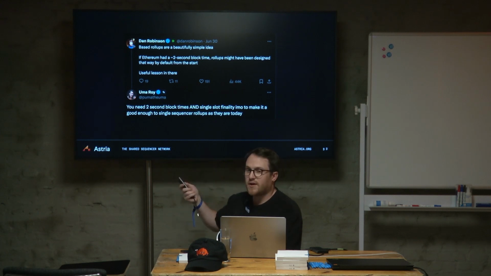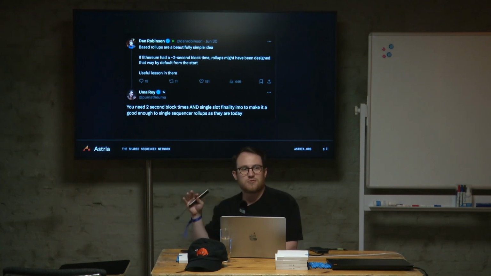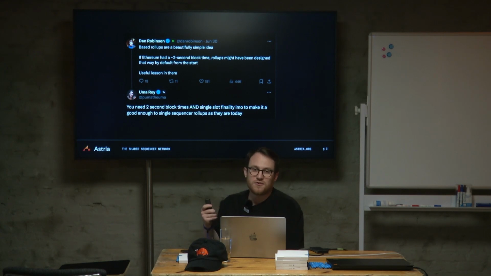When you have single slot finality, it means that I, as the rollup producer, no longer need to figure out how to deal with fork choice rules. If you look through Optimism's code base, I would estimate about 3/4 of the OP node is dealing with Ethereum fork choices. It's also not great for your users if the order of the transactions changes, and it's a complicated problem for a rollup developer.